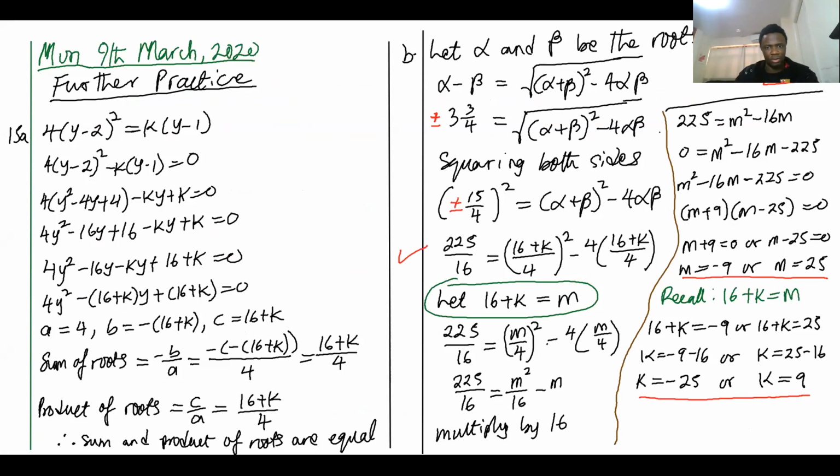Five minutes, okay? No submission, you don't have to send it to WeChat. When you're done, I'll tell you to send what you have done to WeChat. But don't send anything to WeChat yet, okay?